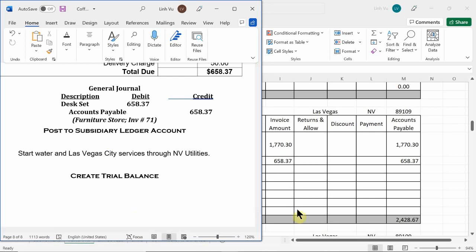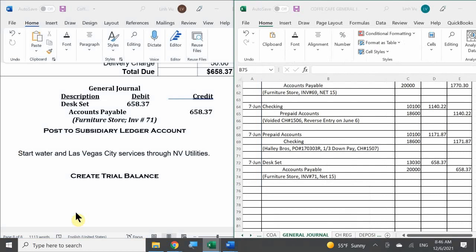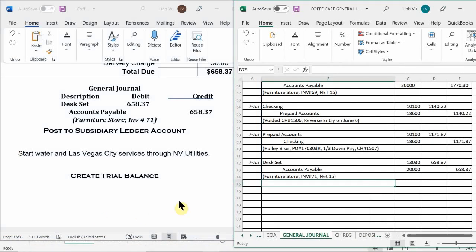Now, in this case, when we start our trial balance, all you will be needing is just your general ledger accounts. Reason being because it's a trial balance. We are testing to see if our total credits and our total debits match by looking at all of our account balances.